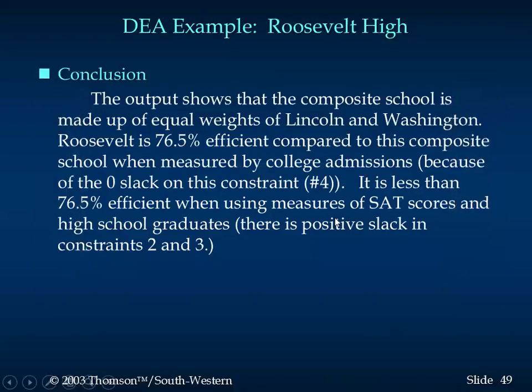The output shows a composite school made of equal weights of Lincoln and Washington. Roosevelt is 76.5% efficient compared to the composite school. So it is less than under constraint number 4, right?